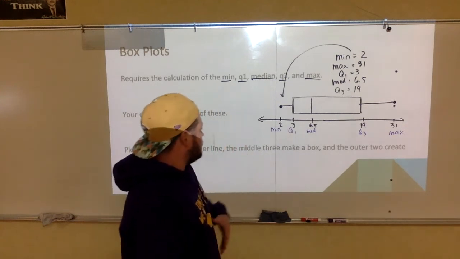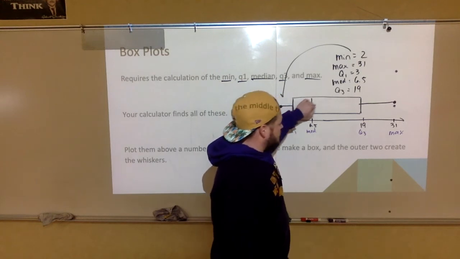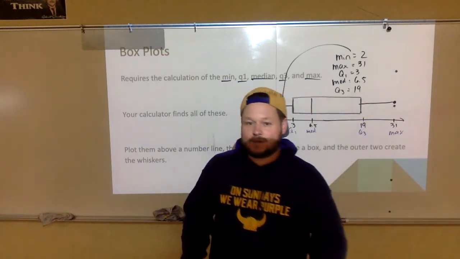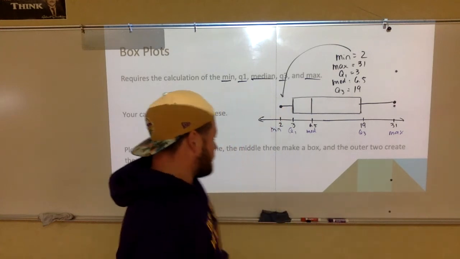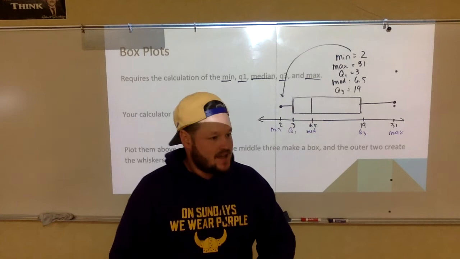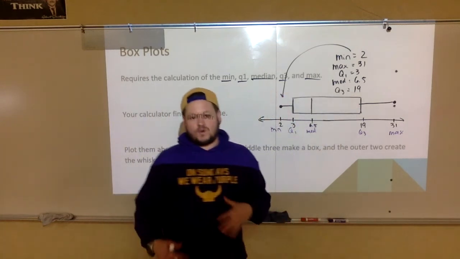All right, remember minimum, Q1, median, Q3, max. Where can you all find those? In your calculator. One last thing I want to talk about with box plots is why we pick all these numbers, or why Q1, Q3, what does that all mean?